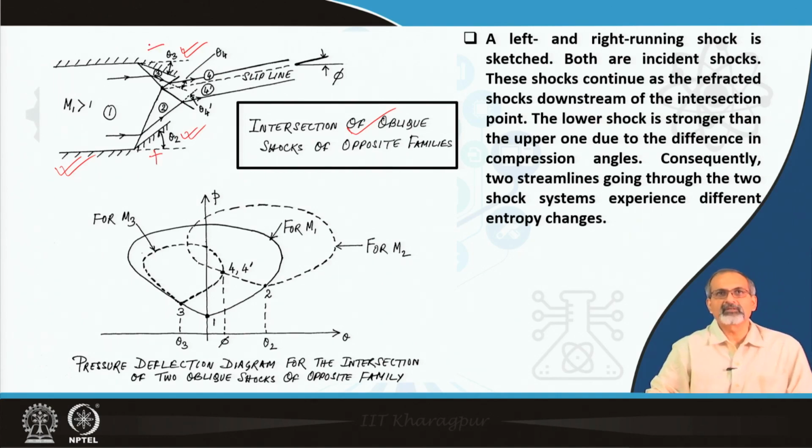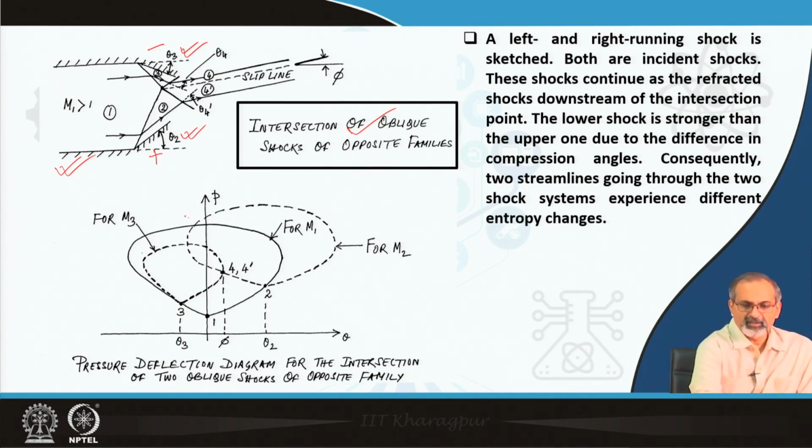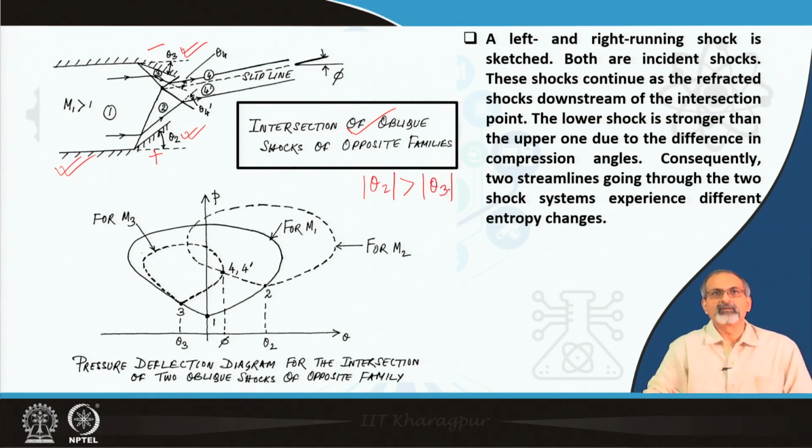However, purposely we are talking about a situation where the magnitudes do not match; in the given situation, theta 2 is greater than mod of theta 3, and as a consequence two shocks of opposite nature are created which are unequal in strength.